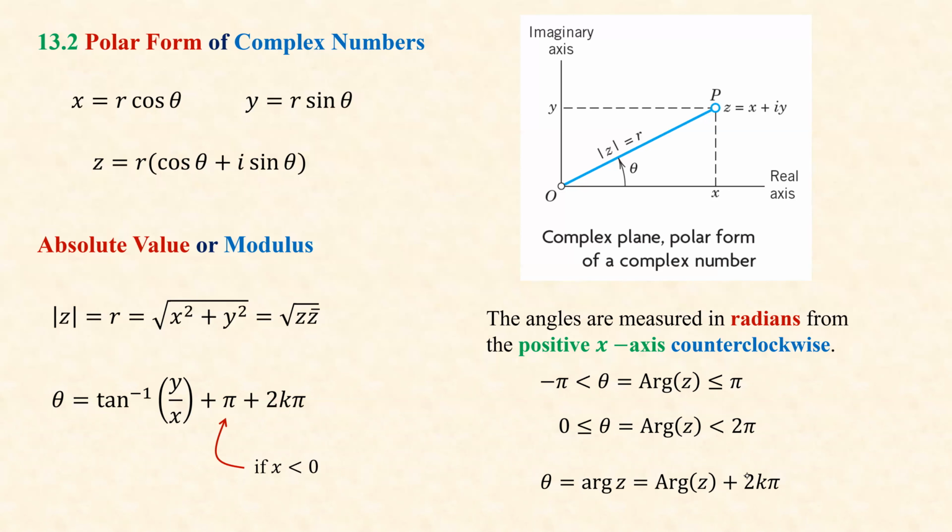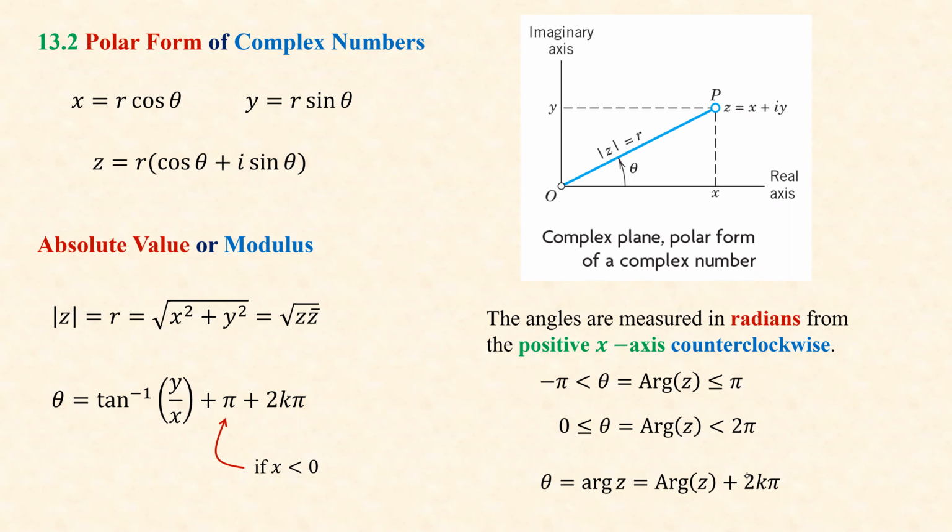So in general, we have the lowercase argument of z, but when we say capital Arg z, it means the first round of the circle, which depends on the book. Some books say from negative pi to pi. Some books go from 0 to 2 pi. It depends on the book. So both ways are okay for us.